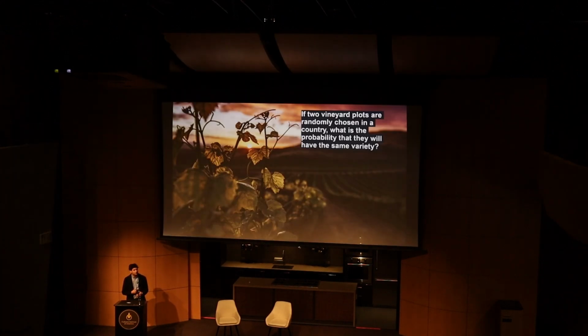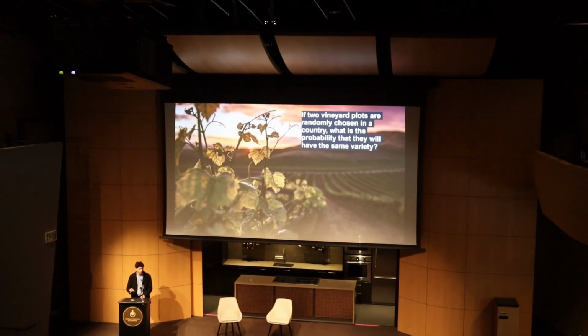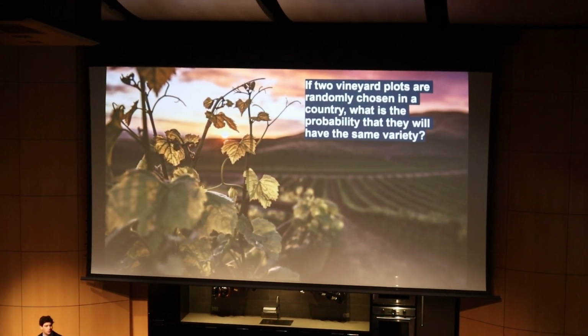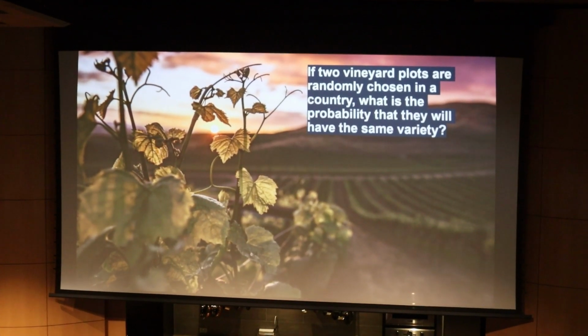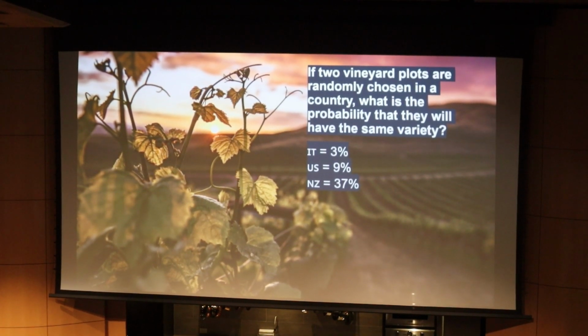The other index is the varietal concentration index. And this index has a very straightforward interpretation. It answers this question: if two vineyard plots are randomly chosen in a country, what is the probability that they will have the same variety? For some countries, it's quite low, for other ones, it's quite high.